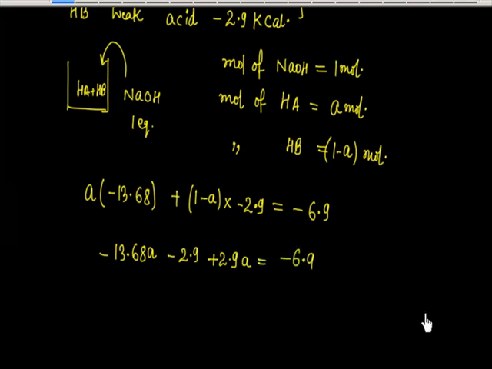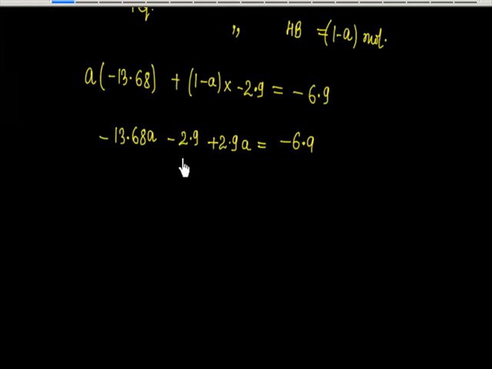So now this is only solving. This side goes to that side, so you will have minus 4, and if you take a common, you will have minus 13.68 plus 2.9 in brackets, which equals minus 4.